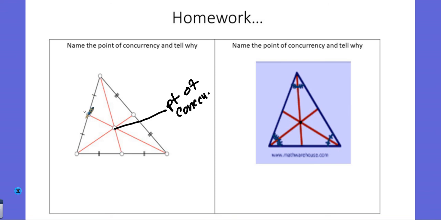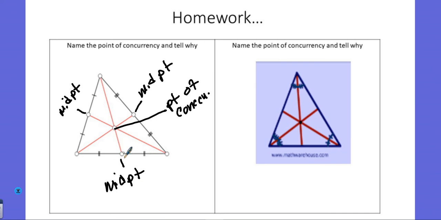It's telling me that this point right here is a midpoint. If these 2 lengths are the same, then this is also a midpoint. And right here is a midpoint also, because these 2 sides have the same marks.